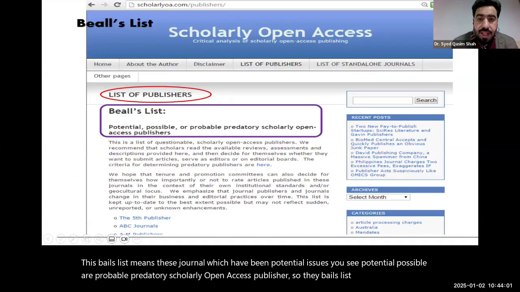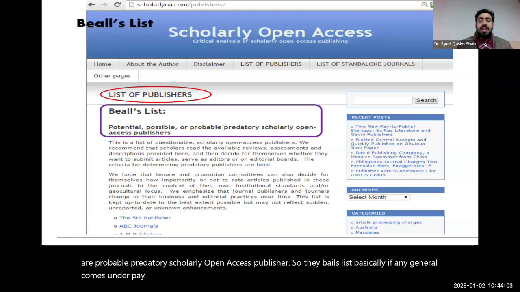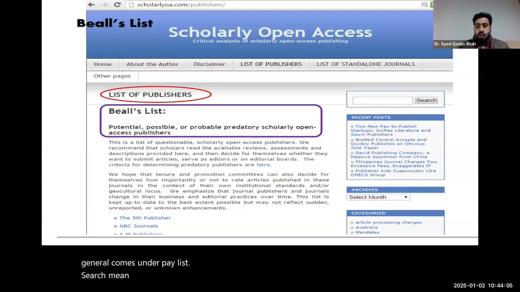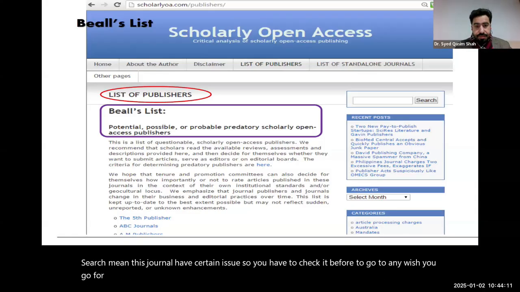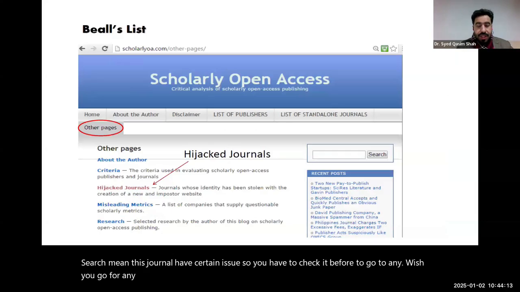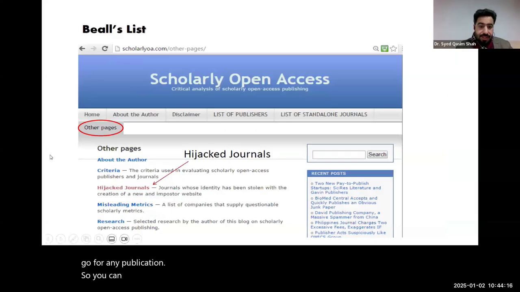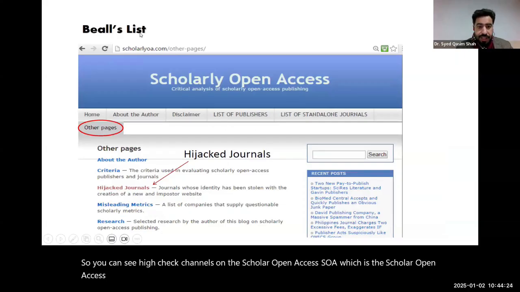If any journal comes under Beall's list, it means this journal has certain issues. So you have to check it before you go for any publication. You can also see hijacked journals on the Scholarly Open Access website, on which we can find the Beall's list.